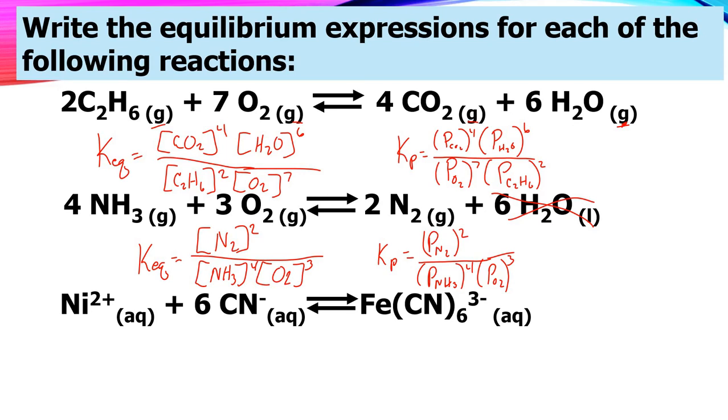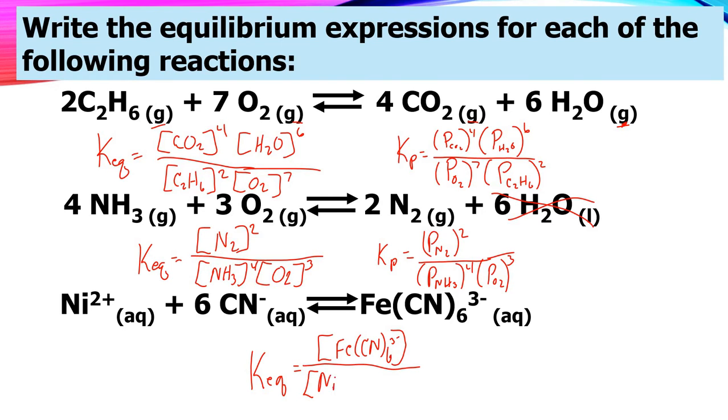Okay, bottom one, what are we looking at? Kc here, because it doesn't have gases, it's all aqueous, so there's only one way it should be written. Concentration of Fe(CN)6 with a -3, and it goes to the 1 power, so I don't have to write it.